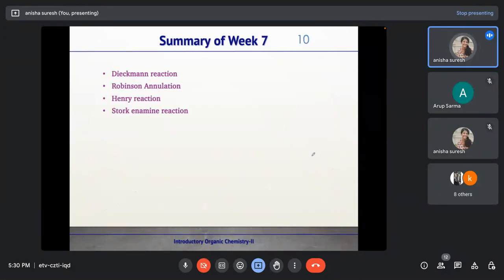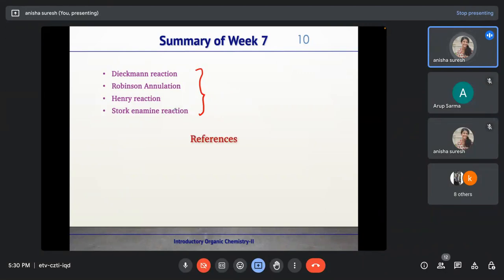Now, other several reactions which we will be discussing while we are solving problems will be Dieckmann reaction, Robinson annulation, Henry reaction, Stork enamine reaction, etc. So these are also discussed. The mechanism of these reactions are discussed briefly in week 7.